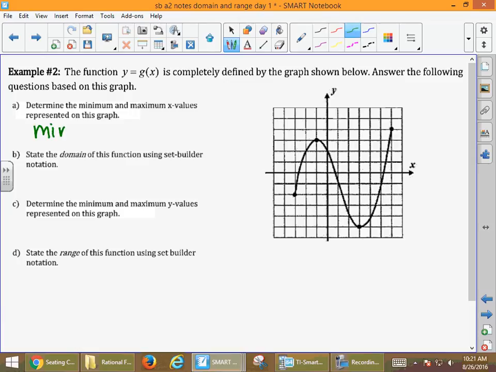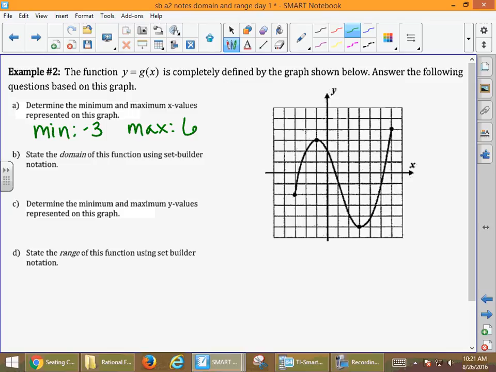So our min is -3. Minimum is the smallest. Maximum, biggest. So when we go farthest to the right here, 1, 2, 3, 4, 5, 6, our maximum value is 6 of our x values.